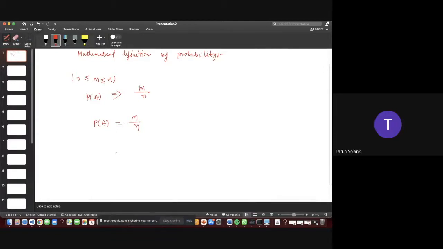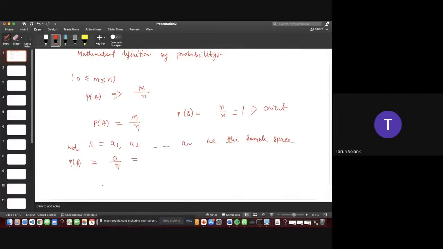Let S equal A1, A2 up to An be the sample space. First we'll go for P of S. P of S is equal to n by n, which is 1, corresponding to the certain event.